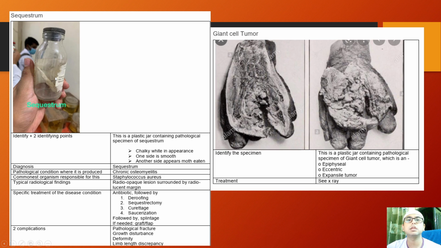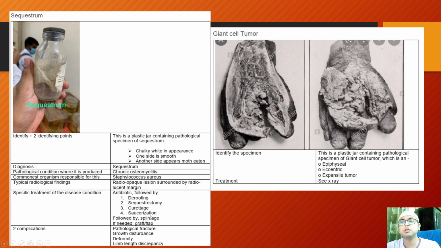Because it's chronic osteomyelitis, there is new bone or dead bone within the living bone, which is called the sequestrum, and it can be formed within a giant cell tumor also. Sequestrum is dead bone lying within living bone. It is the hallmark of chronic osteomyelitis. Sequestrum is formed by the bacteria Staphylococcus aureus, and a radio-opaque shadow is present.